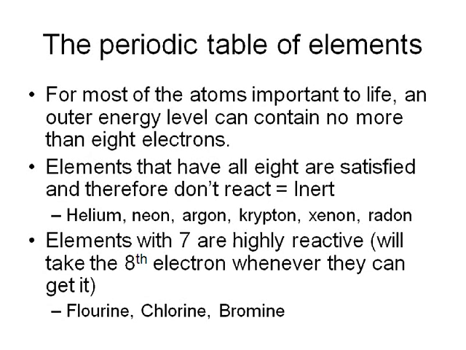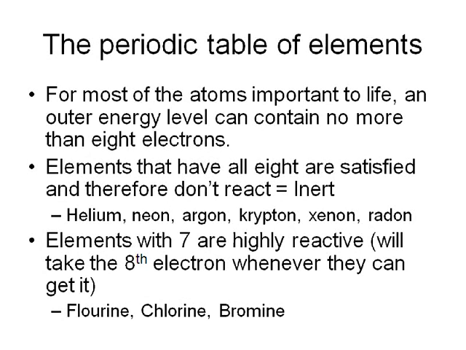For most of the atoms that are important to life, okay, carbon, oxygen, nitrogen, hydrogen, these are atoms that are important to your life. The outer energy level can contain no more than 8 electrons. And this is leading to another way that the periodic table is organized.